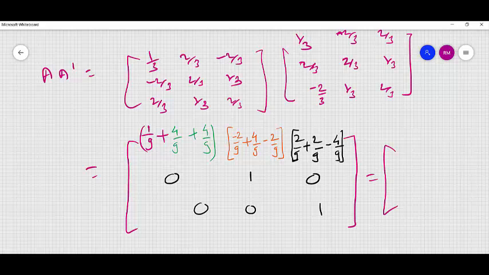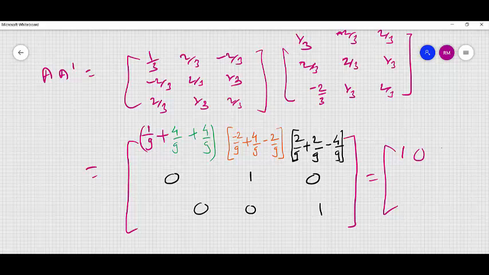the denominator is the same, 9. So take the addition of the first numerator, 1 plus 4 plus 4, that is 9, 9 upon 9, that is 1. Here minus, denominator is the same, 9. So minus 2 minus 2 minus 4 plus 4, 0, 0 upon 9, so 0.